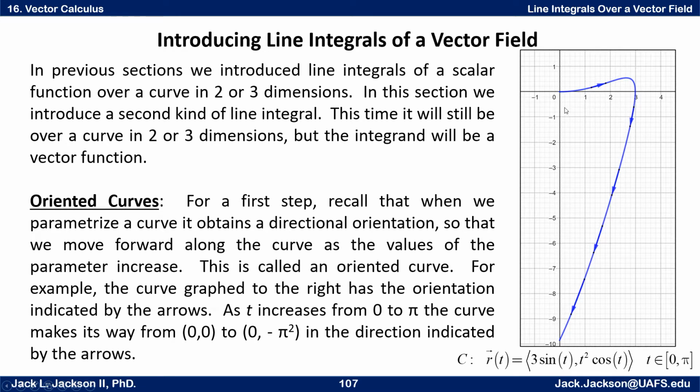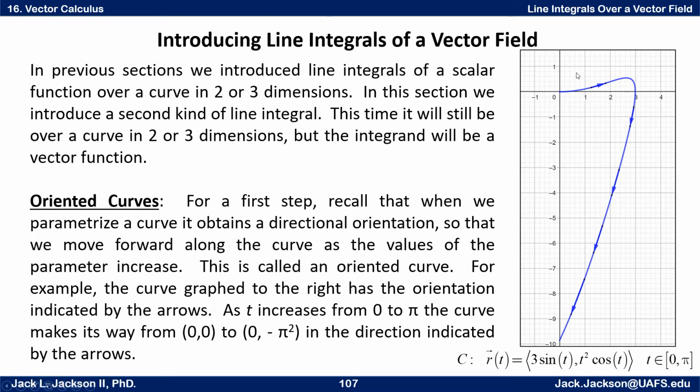As t increases from 0 to pi, which is our domain for t, we start at the origin, 0, 0 for x, y, trace out the curve going along this path, and we end up down here at the final point when t is pi, where x is 0 and y is negative pi squared.